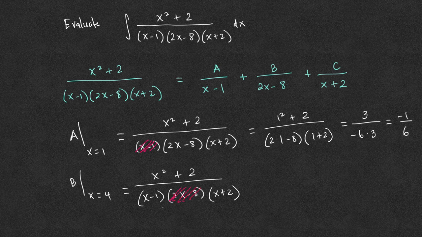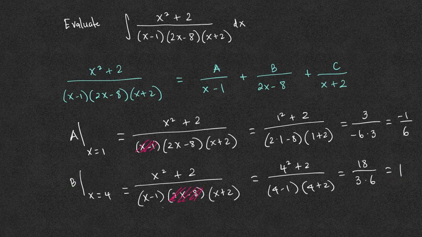We then plug in (4 squared plus 2) over (4 minus 1)(4 plus 2). The numerator is 18. The denominator is 3 times 6. 18 over 18 is 1. So the coefficient B is 1.